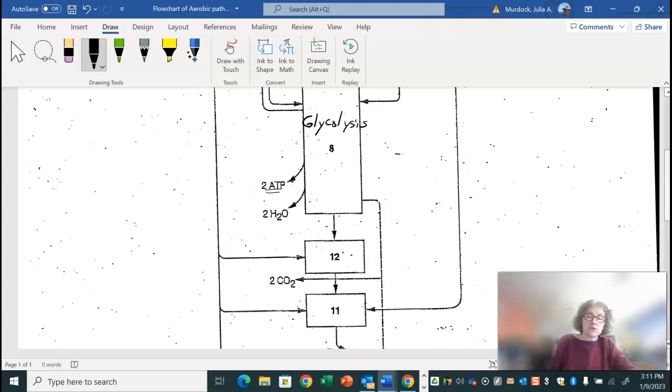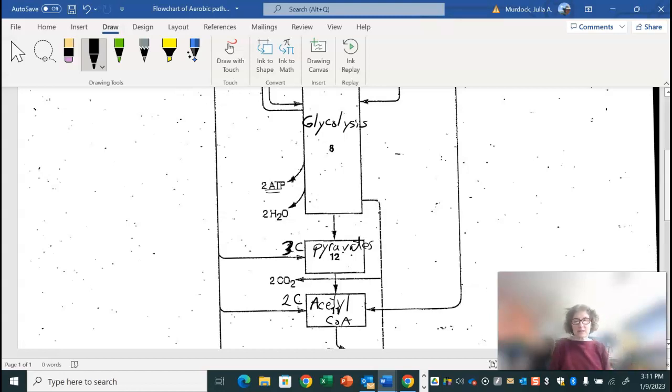Well, actually, this is pyruvate, sorry. So we make 2 pyruvates here, and then the pyruvates turn into acetyl-CoA. I'm sorry, pyruvates are 3-carbon. I'm terrible today. Please forgive me. Acetyl-CoA is when it goes to 2 carbons.